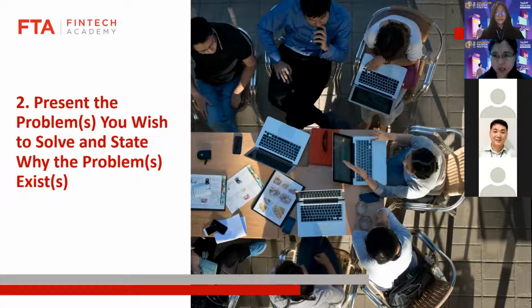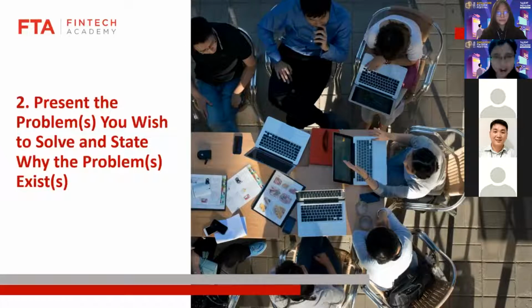This is what Mark reinforced in his presentation earlier, where founders try to solve everything, and investors do not want that kind of product. They want products that solve a very specialized problem, knowing that there's a market for it.